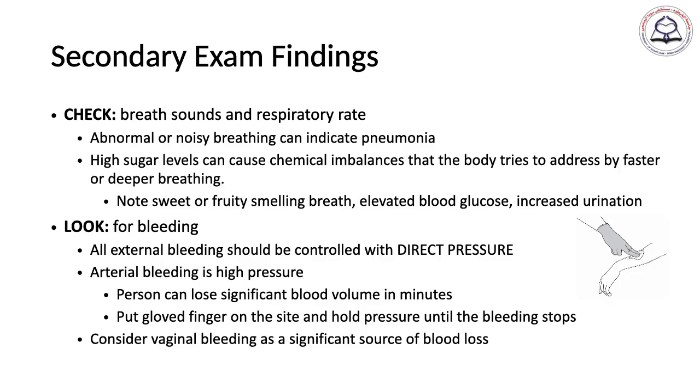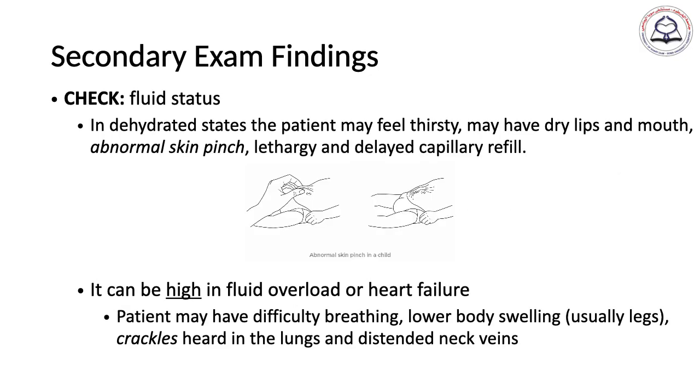You have to look for external bleeding. Whenever there is obvious external bleeding, you have to apply pressure and consider concealed or hidden bleeding from vaginal bleeding in pregnant or childbearing age ladies, and also bleeding in the stomach and intestine.